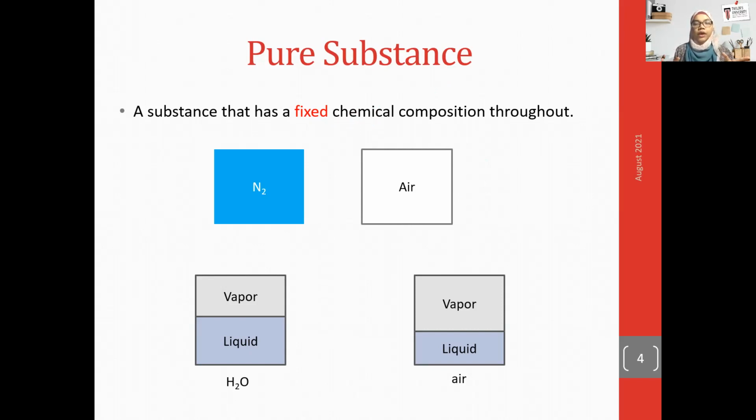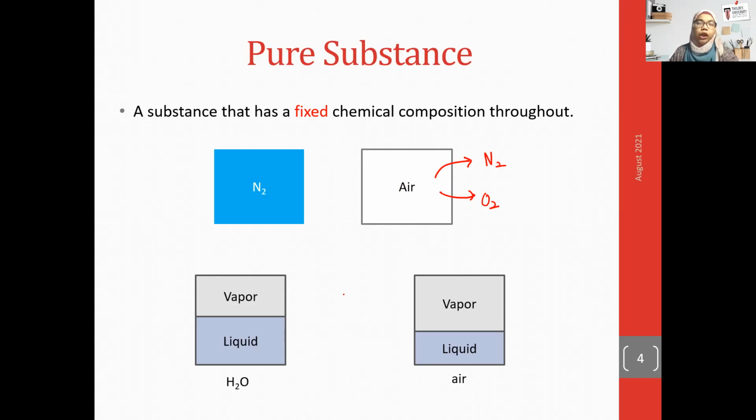If the vessel has only air inside it, we also know the composition of air, right? Because the composition of nitrogen and oxygen in air is fixed, we can classify it as a pure substance.